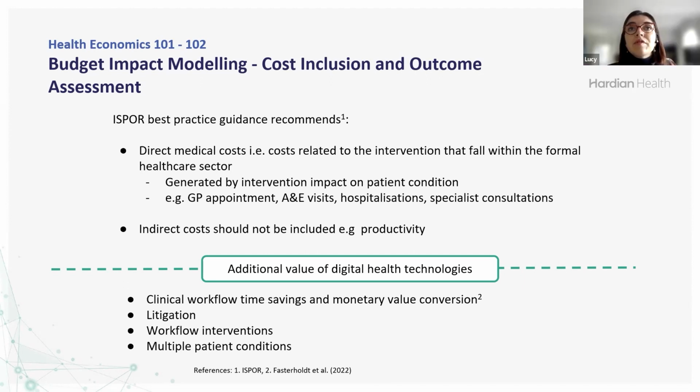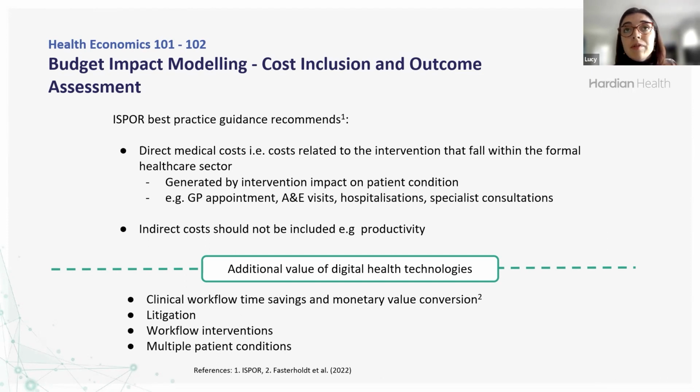So yeah, in terms of the types of costs and outcomes that are typically assessed in budget impact models, as per ISPOR guidance, they recommend the inclusion of direct medical costs only. But in theory, you could include anything in a budget impact model that you can put a financial value to, essentially.